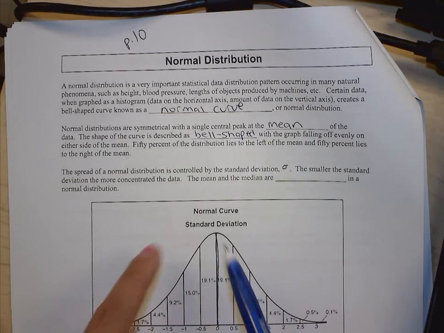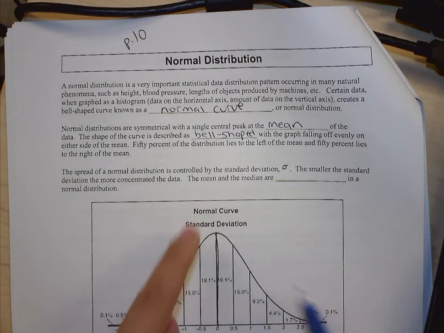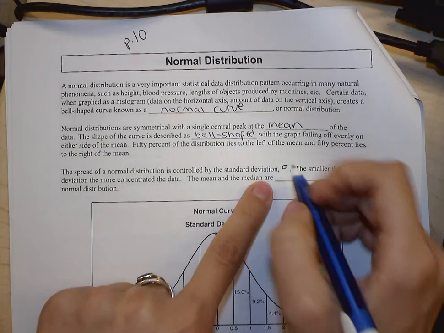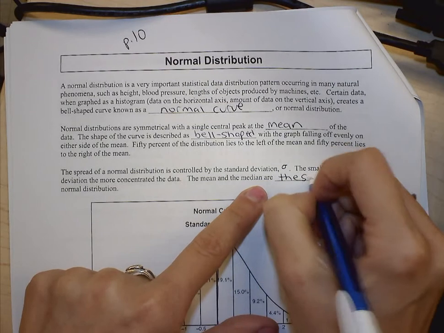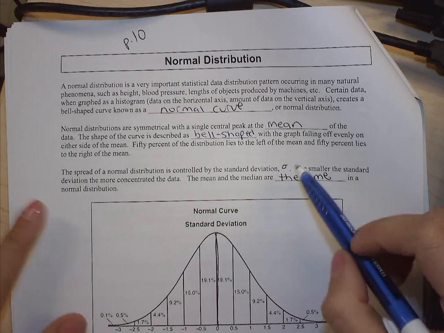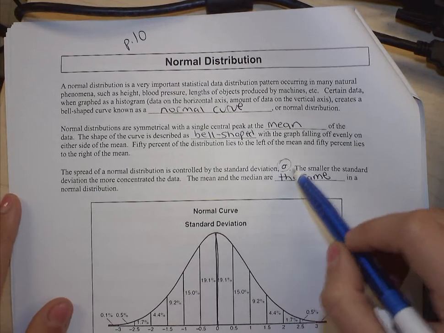So if it's even on the right side as it is on the left side, that means the mean and the median are going to be the same in a normal distribution. Remember, the symbol for standard deviation is a symbol right here, so you'll need to know that.